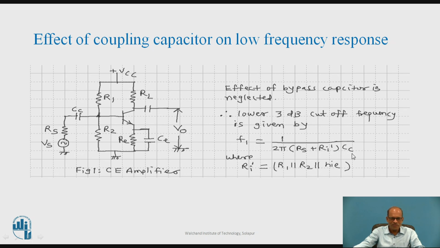In this expression, Cc is the coupling capacitor, Rs is the source resistance, and Ri dash is equal to R1 parallel R2 parallel hie.